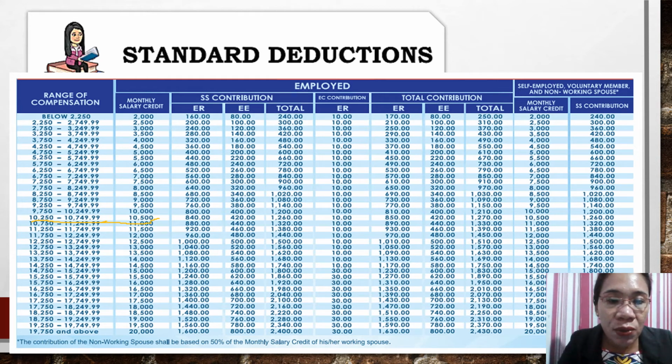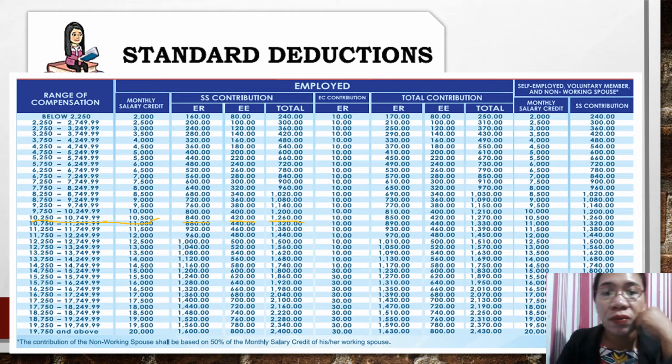So, yung contribution ng employer is 840 at yung empleyado, yung nagtatrabaho ay 420. So, yung total na contribution ay 1,260 pesos. So, ganun yun. Parang sa employee na deduction.